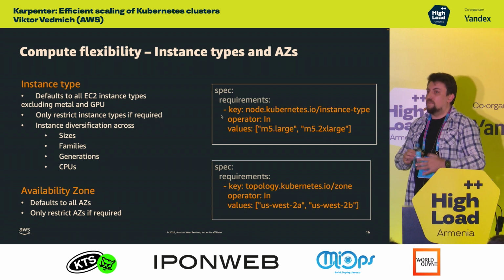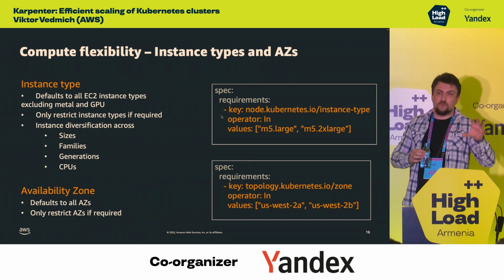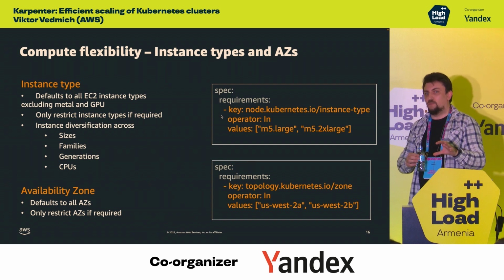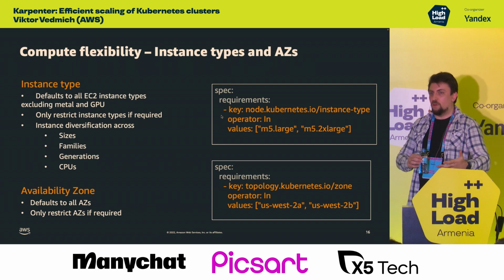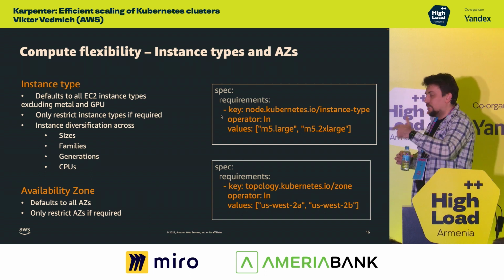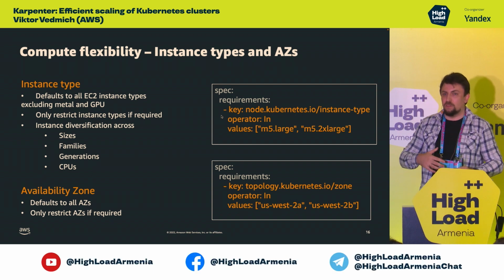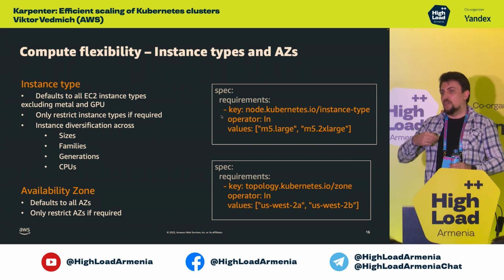The next one is availability zone. For example, if you're working with some application which is really strict about some availability zones, for example availability zone A and B, and you want to run all of your load only inside these availability zones. I will speed up and say Karpenter also understands your VPC persistent volumes, PVC, PV.